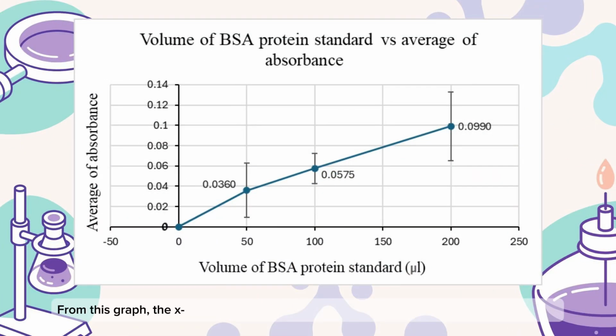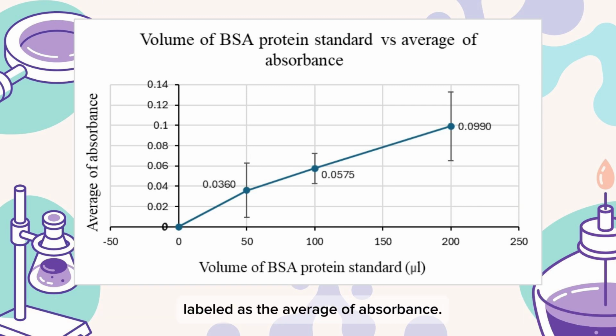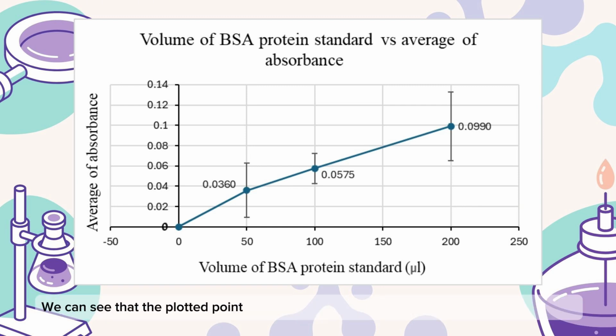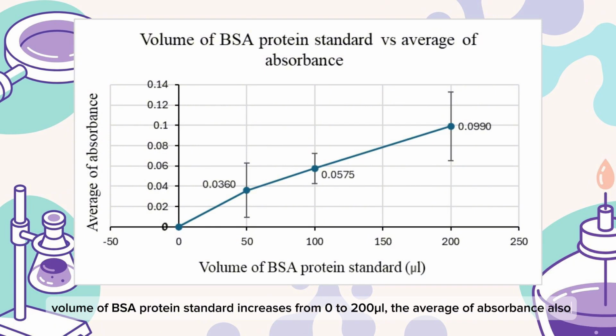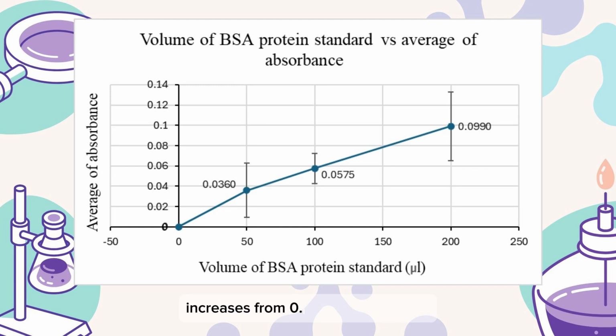From this graph, the x-axis is labeled as the volume of BSA protein standard, and the y-axis is labeled as the average of absorbance. We can see that the plotted points on the graph show a clear upward trend, whereas the volume of BSA protein standard increases from 0 to 200 microliter, and the average of absorbance also increases from 0.02687 to 0.03394.